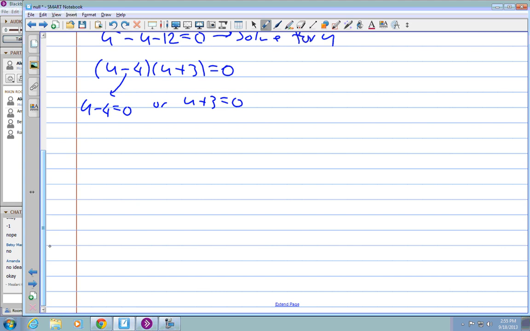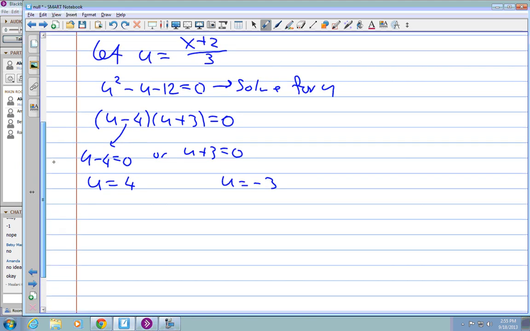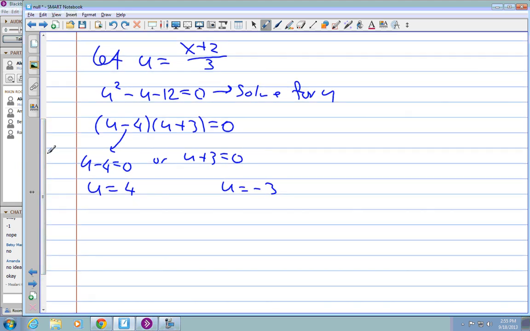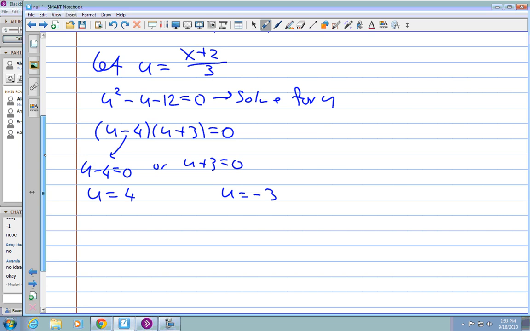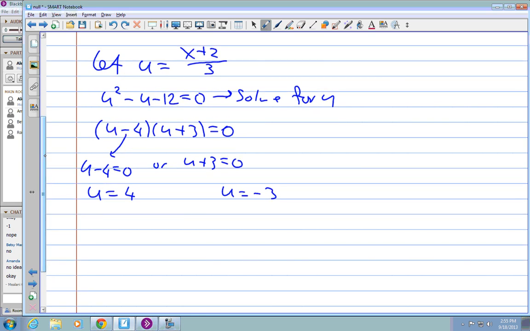And then you solve for u, so u equals 4, u equals negative 3. Well, I need two numbers that multiply to negative 12 and add to negative 1. So it has to be minus 4 and plus 3. If I had a plus u, then it would be plus 4 minus 3.